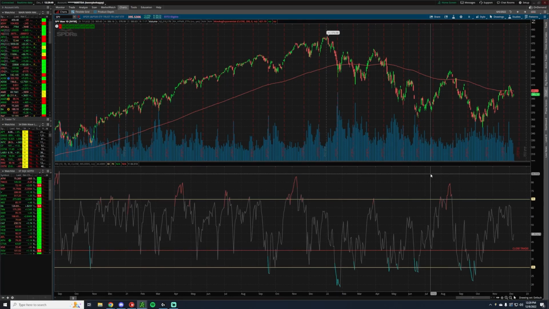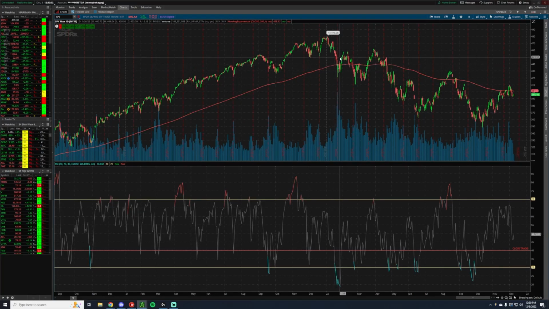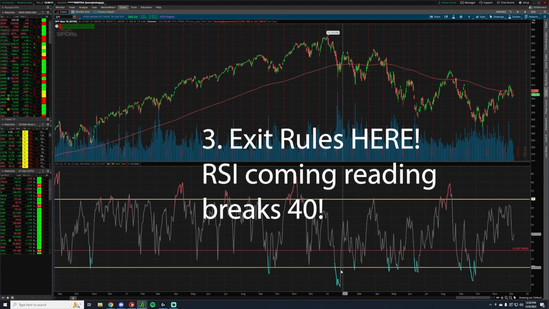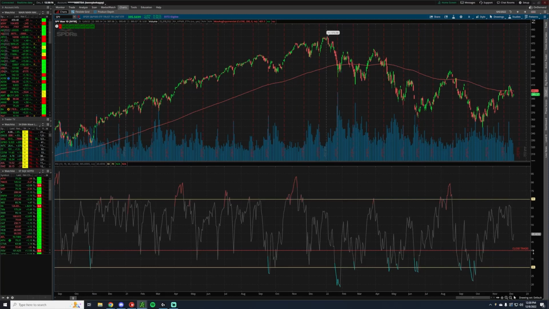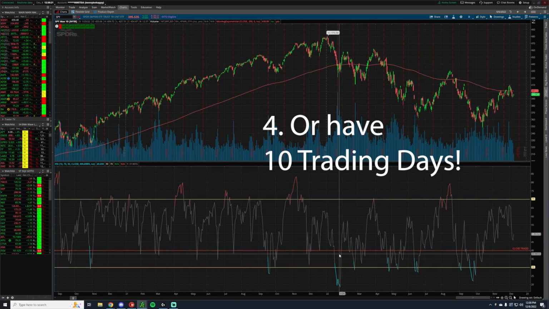If RSI is less than or equal to 30, so it's got to be below this yellow line, we're going to be buying it, and price has to be greater than or equal to the 200 EMA price, or above. Then to close out the trade, RSI needs to come back up and hit that 40 range, which is that really strong red line saying closing trade, or after 10 trading days.